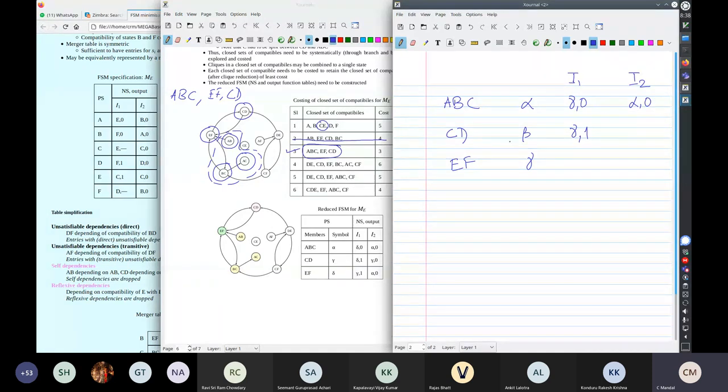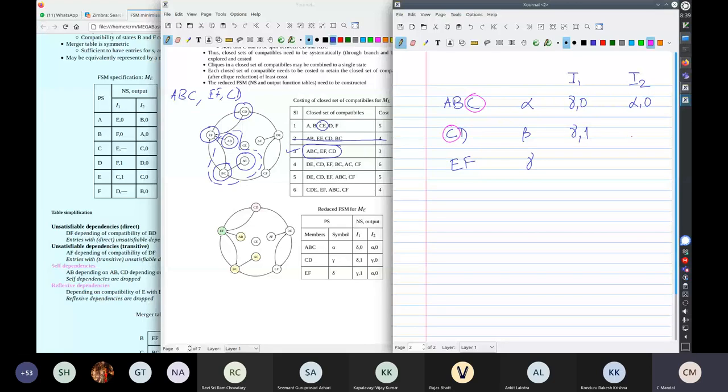If you look at this, there is an interesting thing that's happening. C is shared between these. Now, when you are considering the transition on I2, you are seeing that you have a transition back to CD.